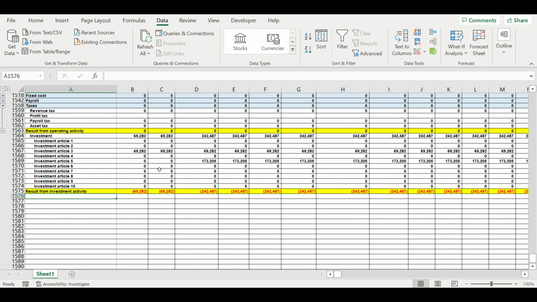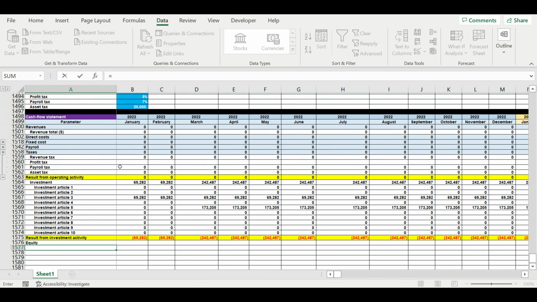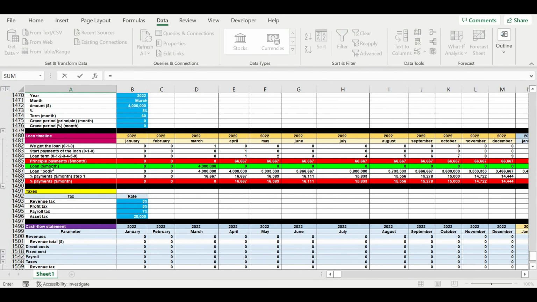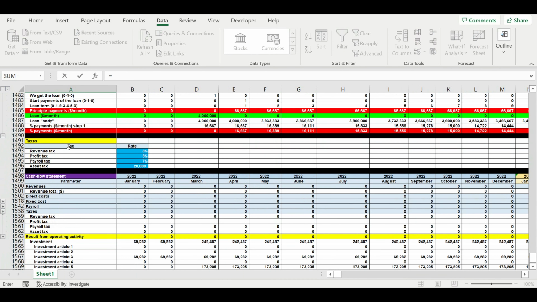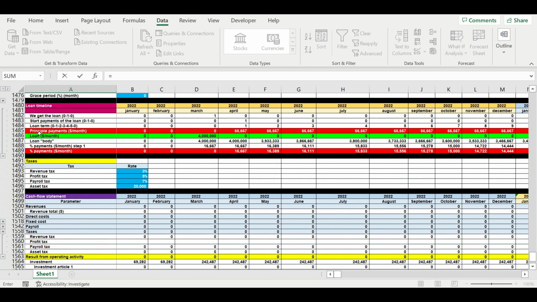Then it's time for us to move to financial activity. Here will be equity. Then we will add a loan. When we take it, then this line will be when we pay principal.